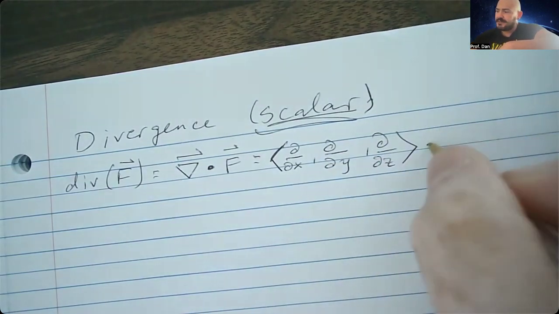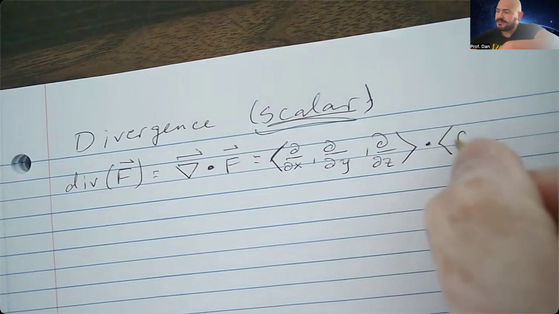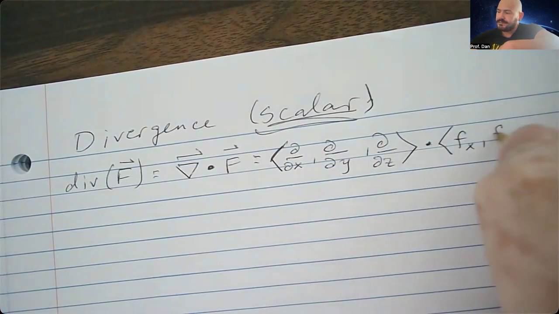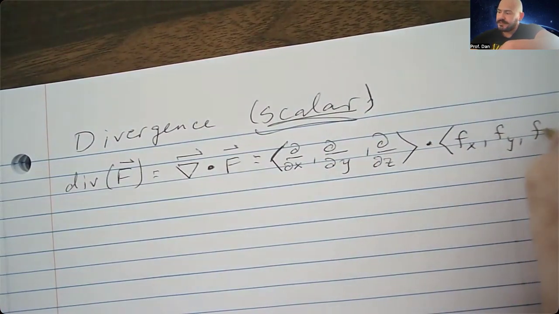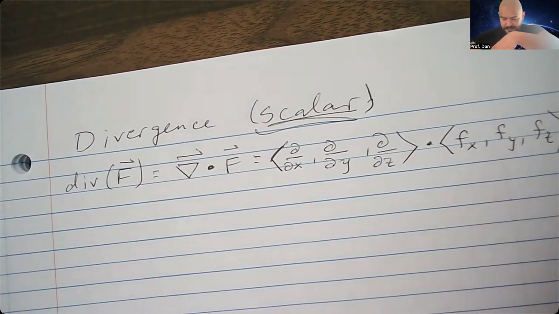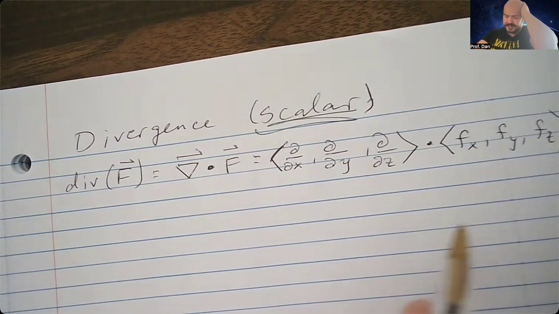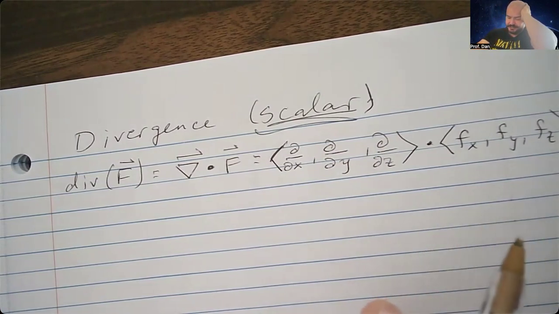And we're taking the dot product of that with these. Okay. So that's how you compute divergence.